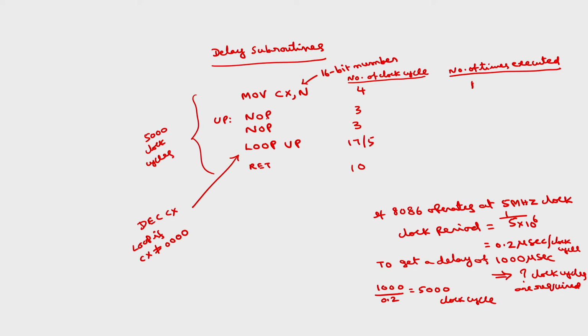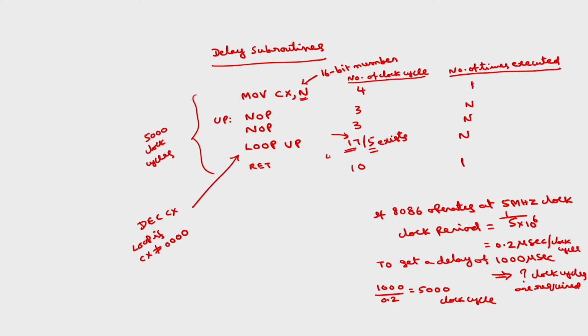And how many times will this be executed? Because n is loaded here, this will be executed n times, this also will be n times, this also will be n times, this is also only one time. Okay. So, here this 17 by 5 is whenever it jumps to the loop, 17 cycles are required. Whenever the loop exits, then 5 clock cycles are required.